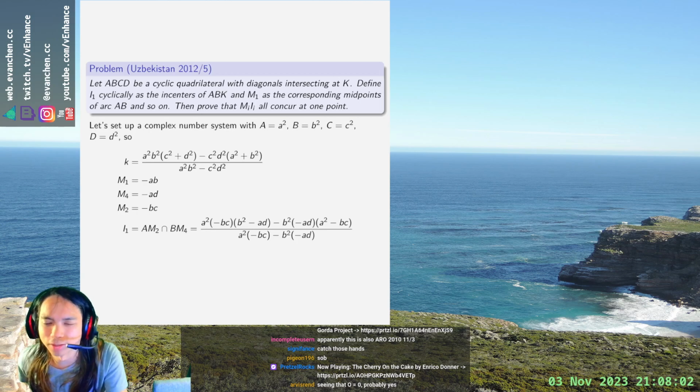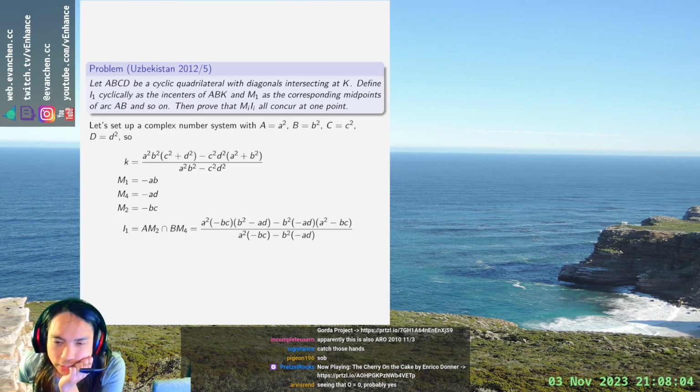It's interesting because I don't know if it actually saves me any work to know that it's on line OK. Maybe this way I don't have to touch the other arc midpoints. I don't know.